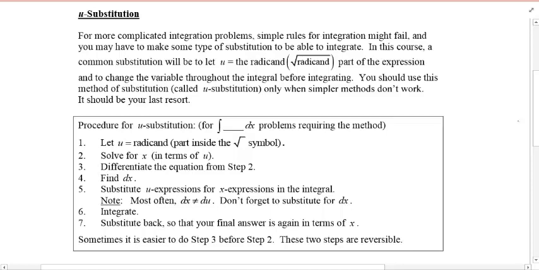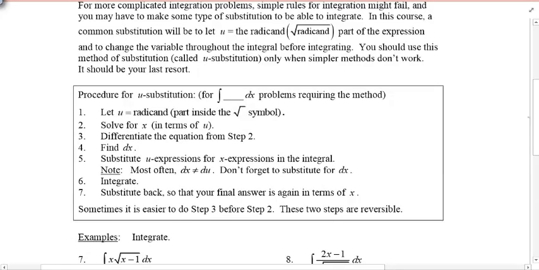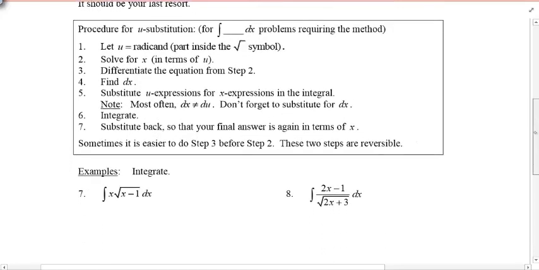So the idea is let whatever is complicated equal u. And the goal here is to change everything into u's. So if you had x's, we want to replace them all with u's. So here is a procedure, but I think I'm going to show you an example, and then hopefully that example will illustrate the procedure.